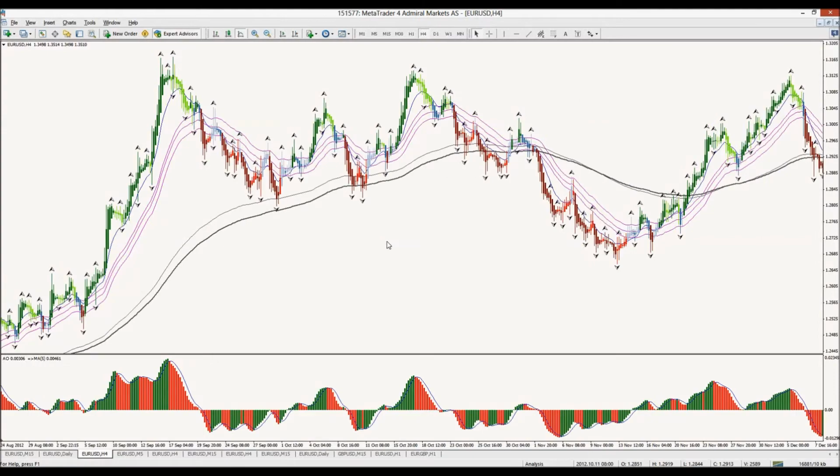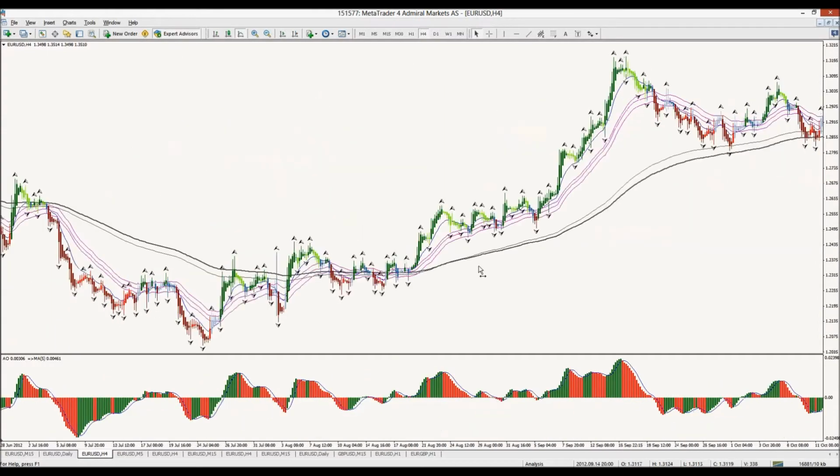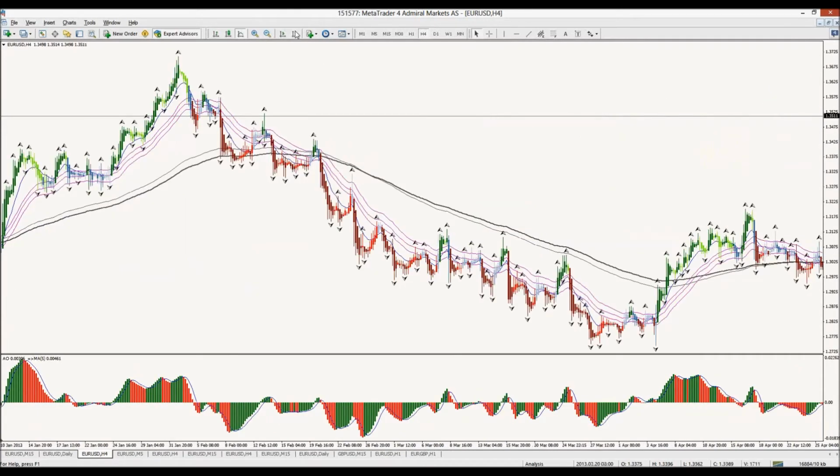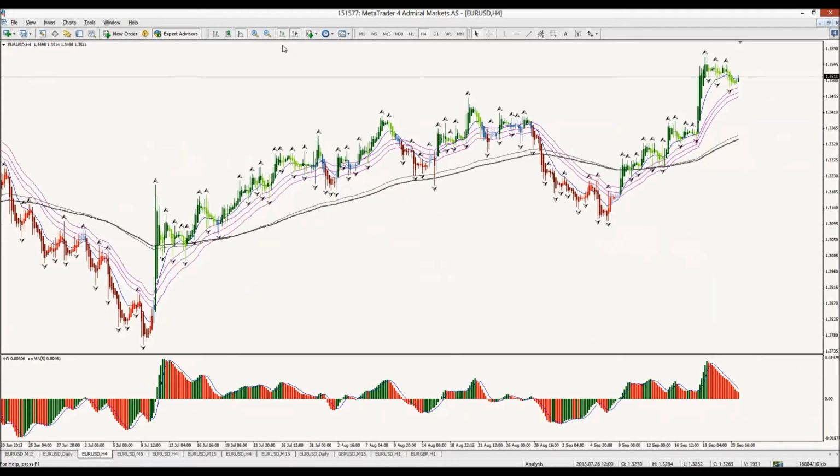So it's a very cool tool, and I would definitely encourage you to investigate it and use it not necessarily for trading, but for analysis purposes, directional purposes. It's really great.